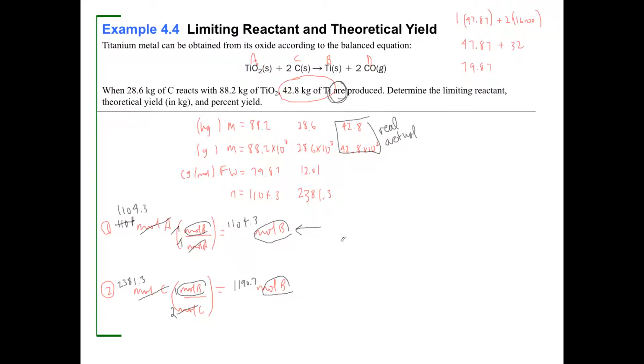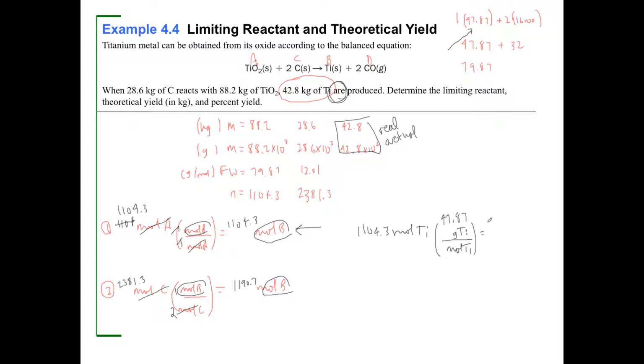Okay, right? That's what is produced. So how much can I make? I can make 1104.3 moles of titanium. Okay? So how many grams of titanium does that give me? Right? Titanium is here. I just looked up my periodic table a minute ago. 47.87.